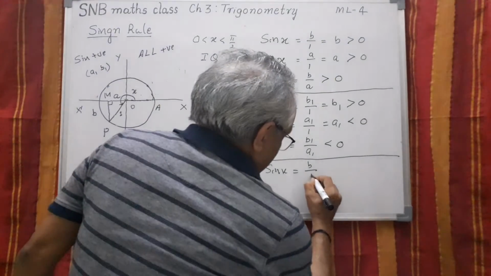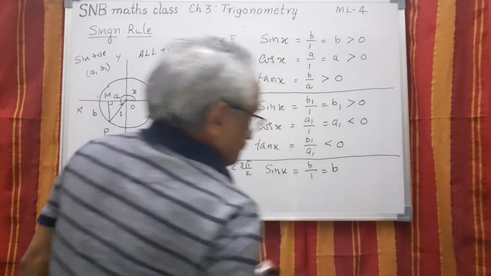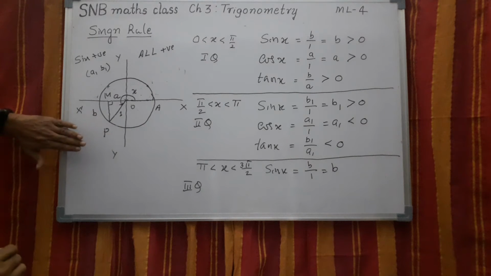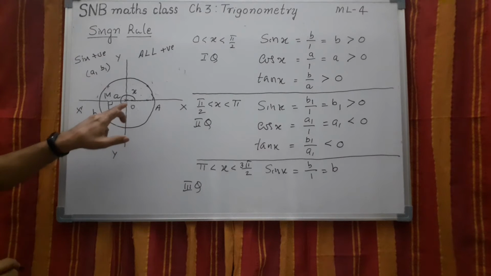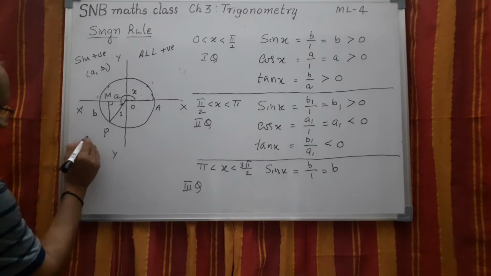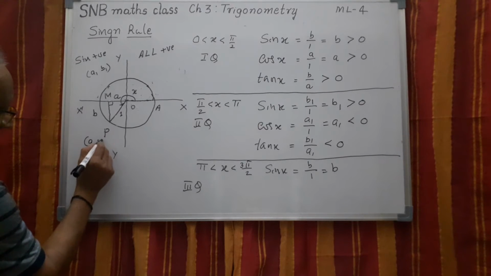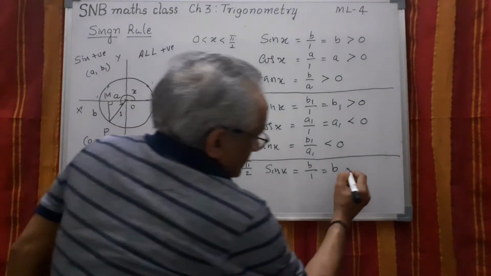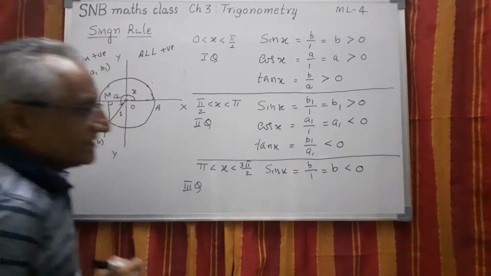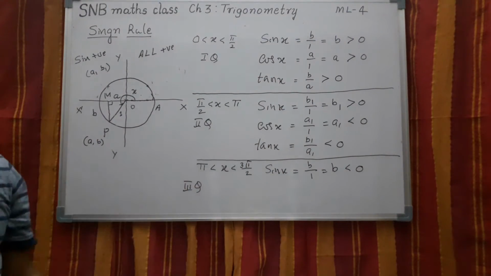But look here, in the third quadrant, x is negative, y is also negative. So in this coordinate AB, both A and B are negative. So the sin ratio is negative.